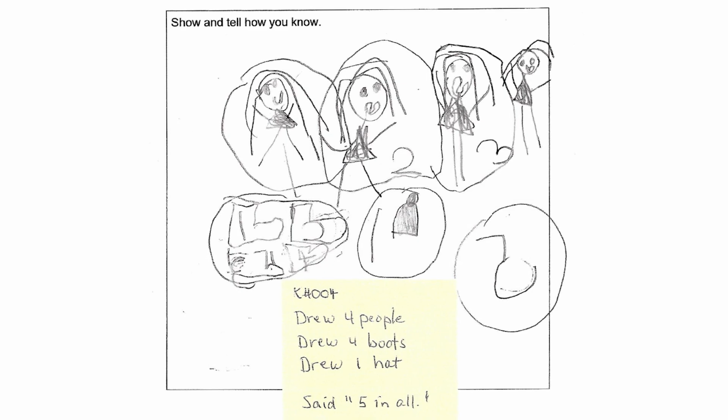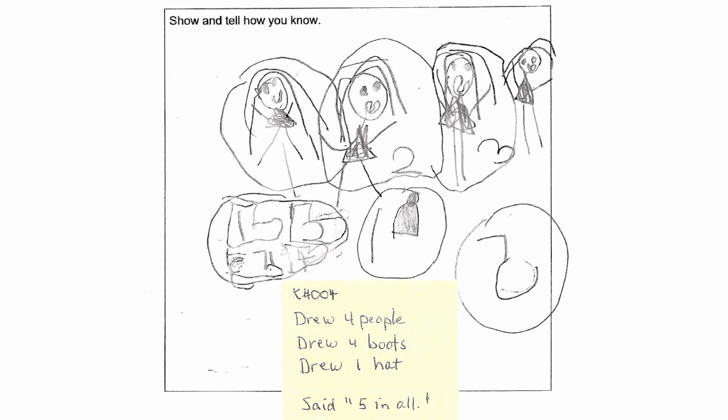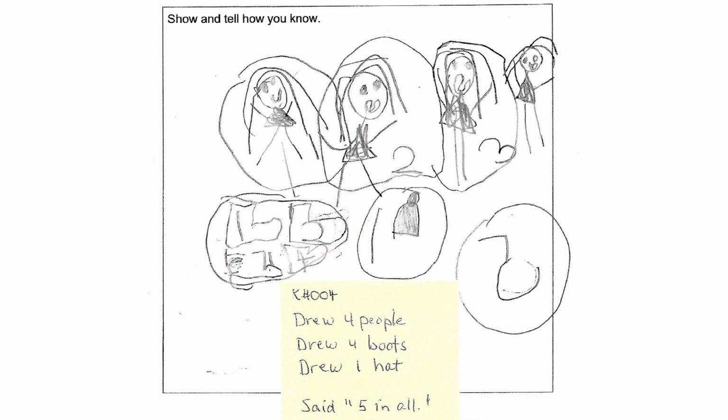Drew 4 people, drew 4 food, drew 1 hat, 1 boot for. She has a drawing, and she has it labeled 1, 2, 3. It's interesting that she thought each person would get 1 boot, but there would only be 1 hat. She would give 1 hat to each person.